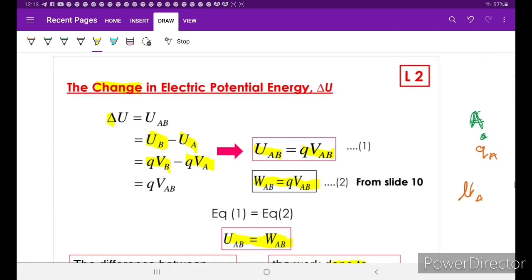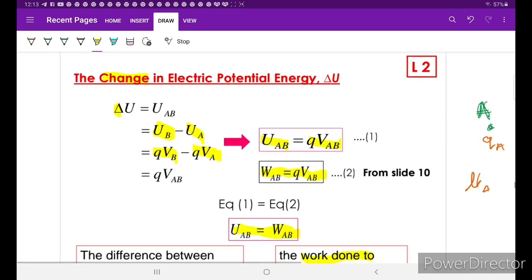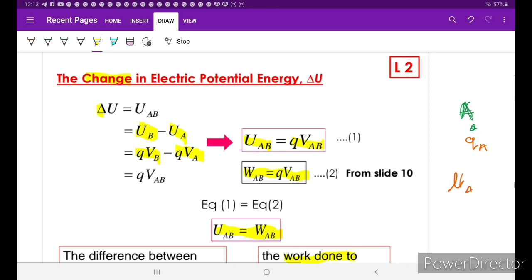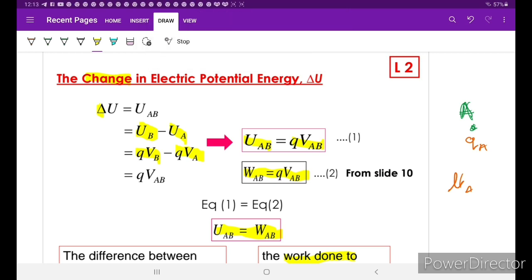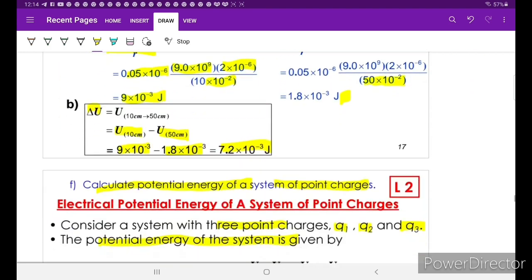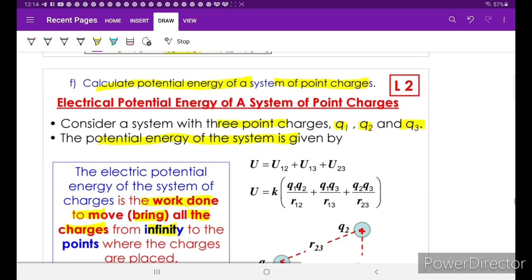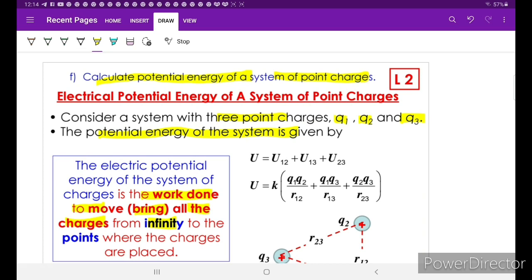Point E is about the change in electric potential energy between 2 points. The first point A has energy, point B also has its own energy, so we calculate the change or the difference between the 2 points. Here we find the total energy of a system of point charges.